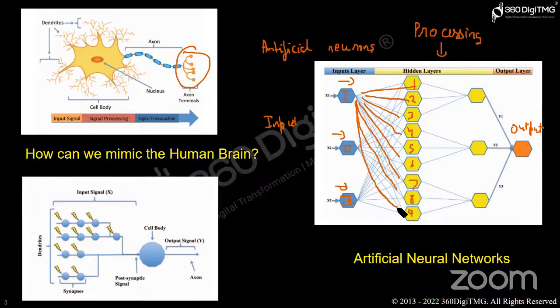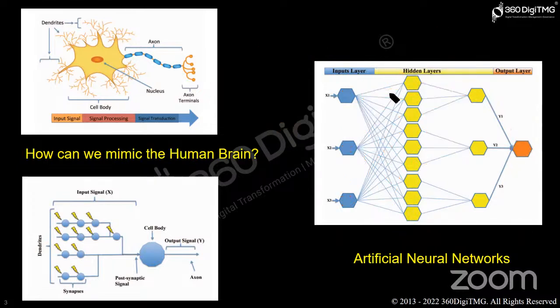And these neurons will process the information and then send that information to the next layer of neurons. And the next layer of neurons, based on the previous processing and its own processing, will give us some output. So you have 2 hidden layers that are doing all the work for us. All right. So moving forward.